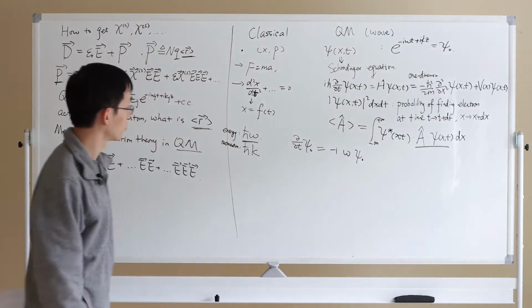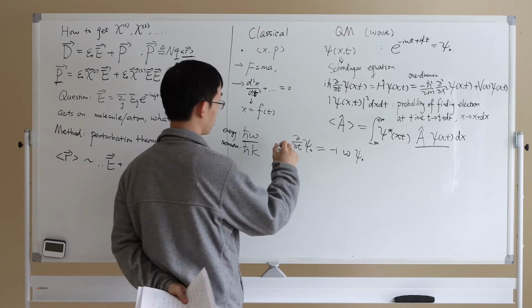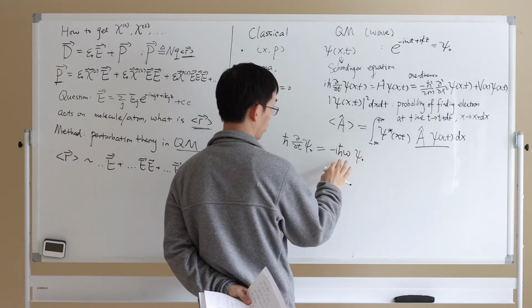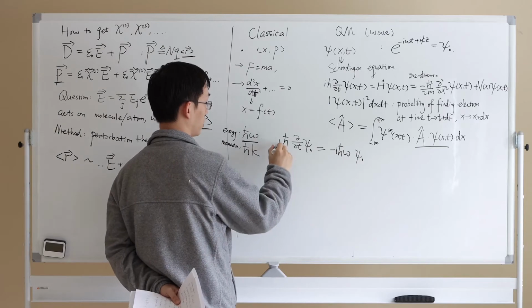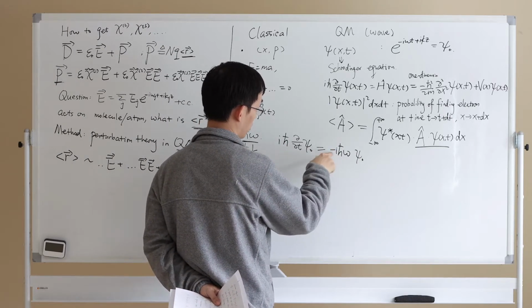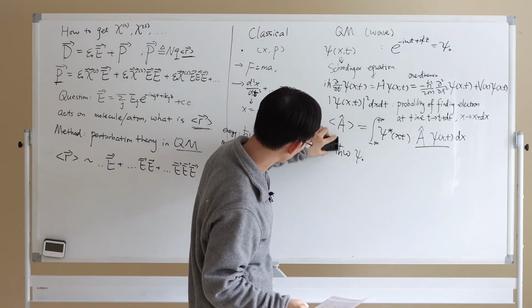So then you get omega. So what you can do is multiply by h bar, which gives you an h bar here, and multiply i times i here. Then this is minus 1, and minus 1 cancels with minus 1.